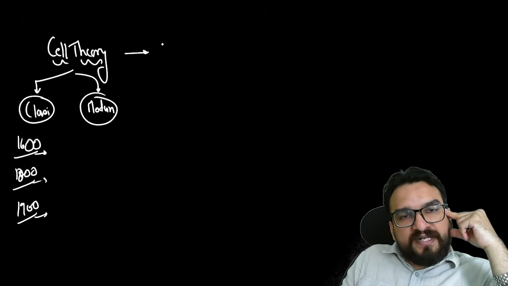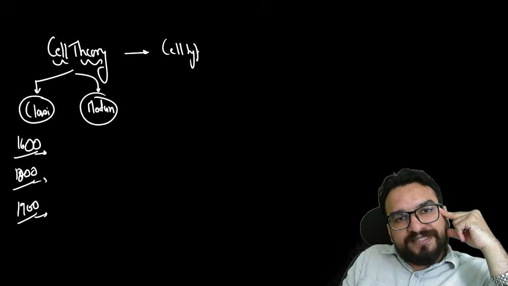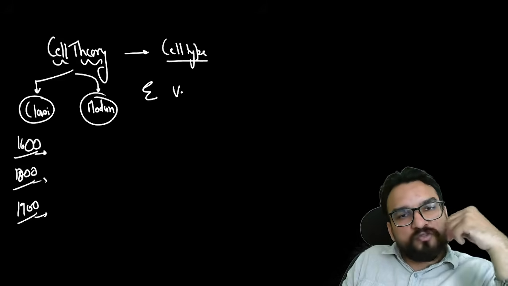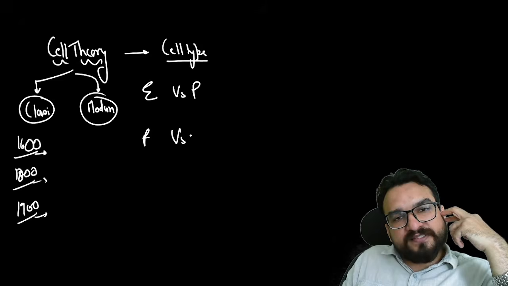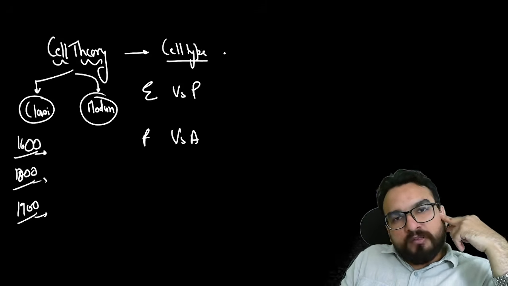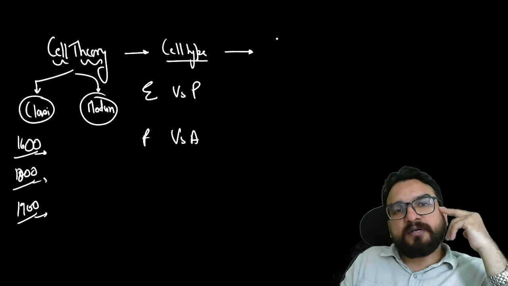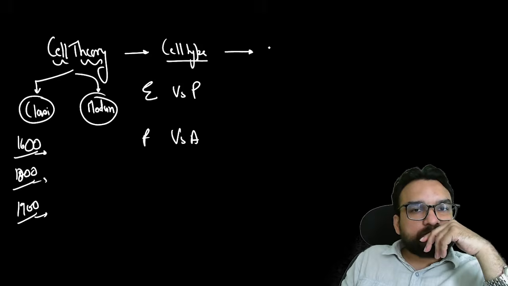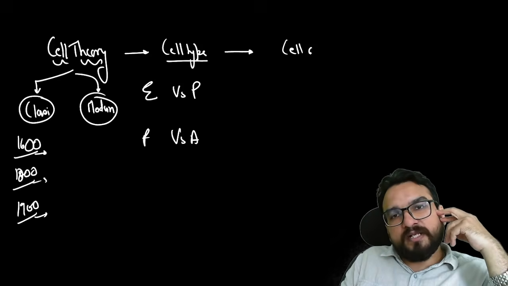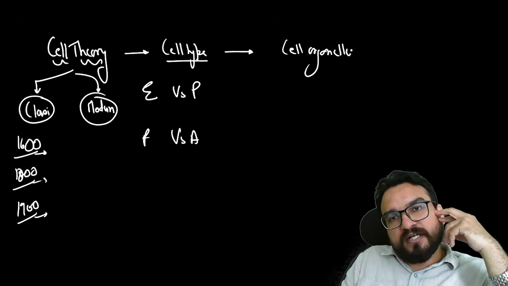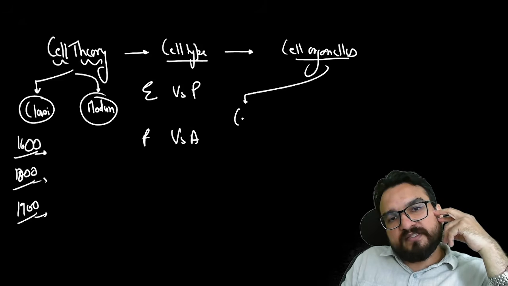Then after understanding cell theory, you must have understood the cell types, eukaryotes versus prokaryotes, plant cell versus animal cell. You will understand more when this particular cell biology unit gets over. Then you learned about the cell organelles. We started with the cell wall, cell membrane, mitochondria.